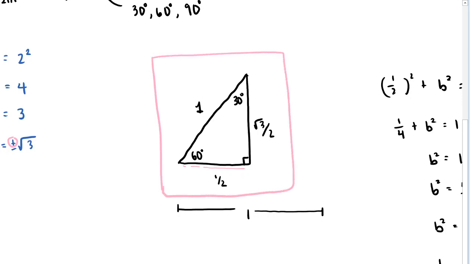So this is one of the two things I really want you to internalize and memorize. Here, if we're looking at a 30, 60, 90 triangle, the hypotenuse is side length 1. The short side is going to be half of that, and it's going to be opposite the short angle, the smallest angle. And then the longer leg length, well, that's going to be the square root of 3 over 2.